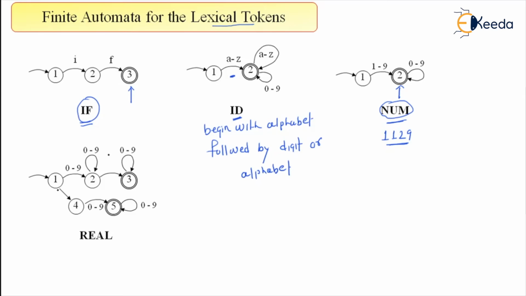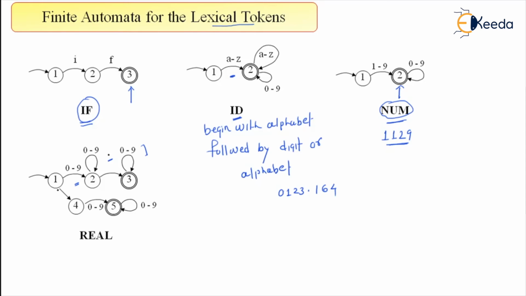A real number can be something like 0.6164. So it begins with 0 to 9, and then we can repeat 0 to 9, and then there will be a decimal radix point followed by 0 to 9.